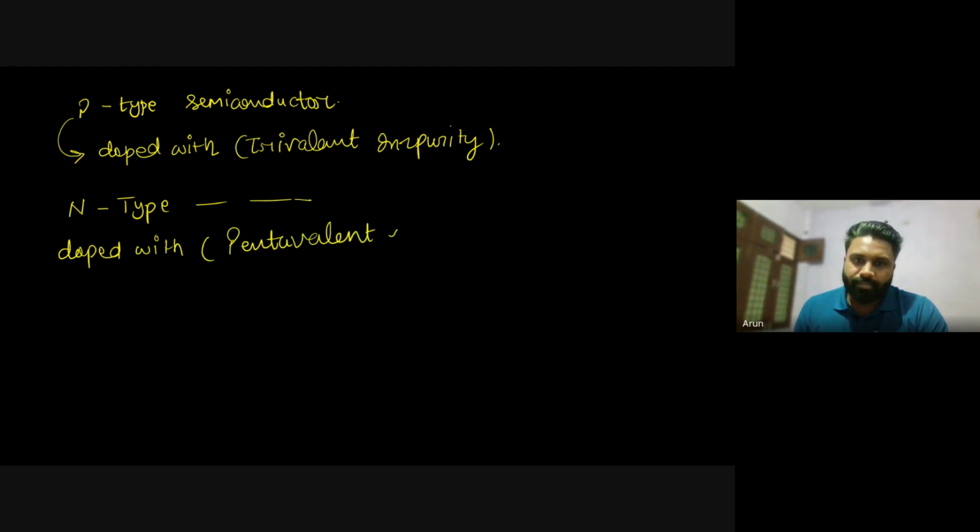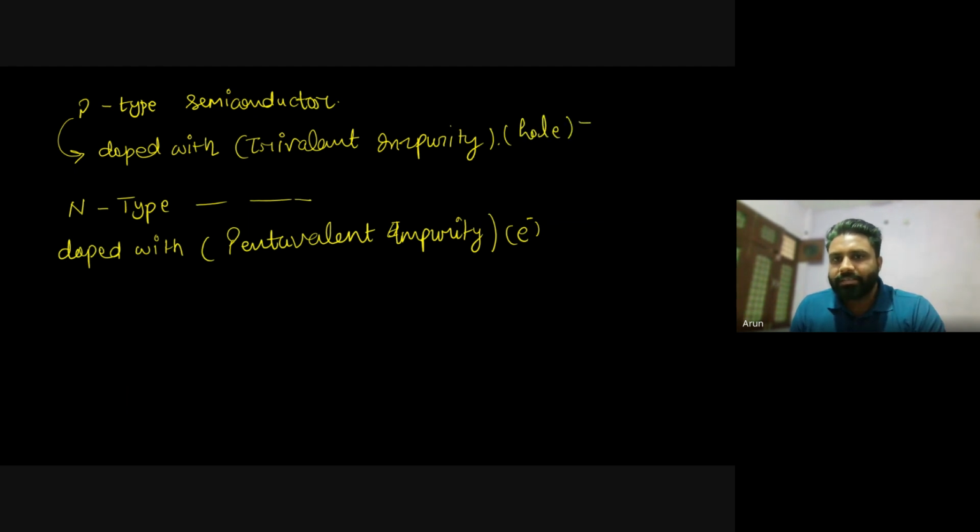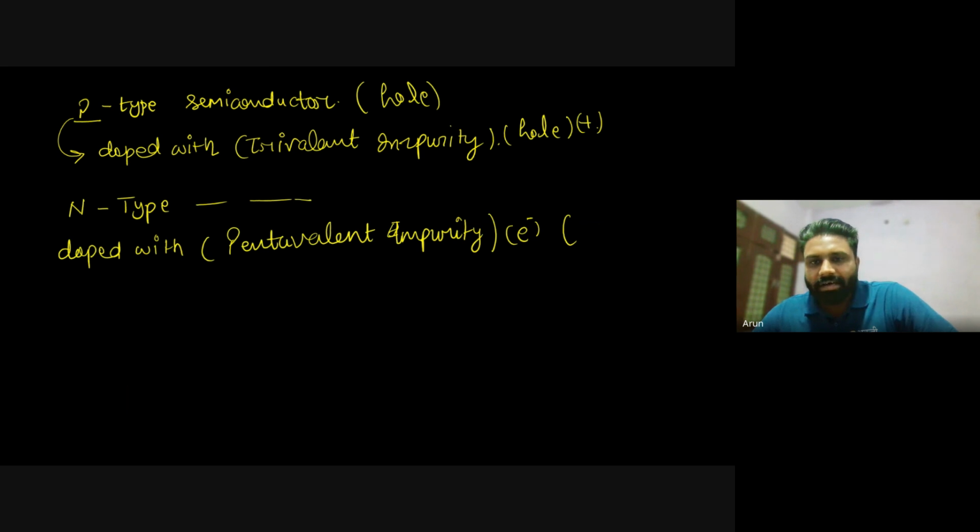Pentavalent impurity gives excess electrons, and the trivalent impurity gives excess holes. A hole is considered to be positive, so that is why it is a positive-type semiconductor, and the majority charge carrier here is the hole. In the n-type the majority charge carriers are electrons, and the pentavalent impurity gives excess electrons, so it behaves as the n-type, negative-type semiconductor. Got it?